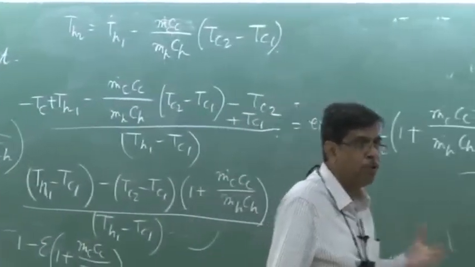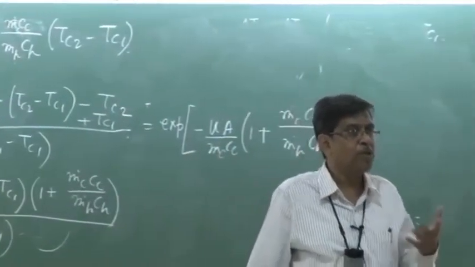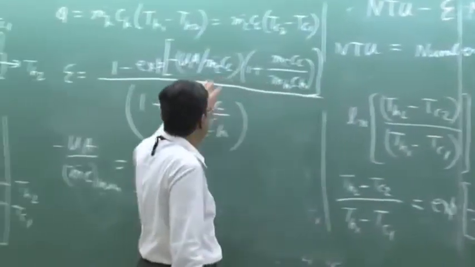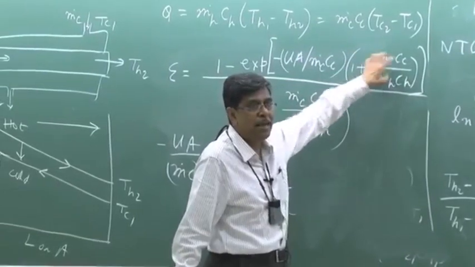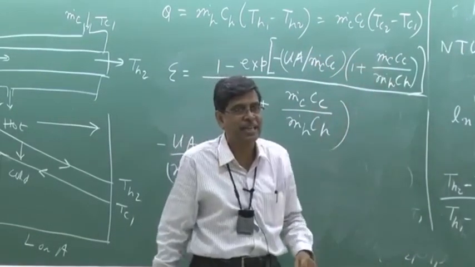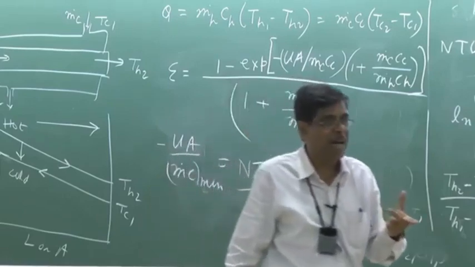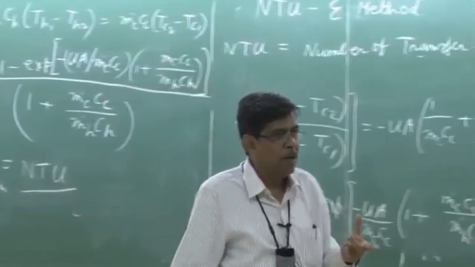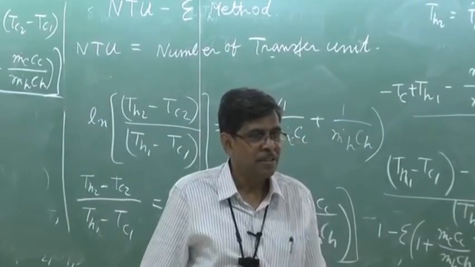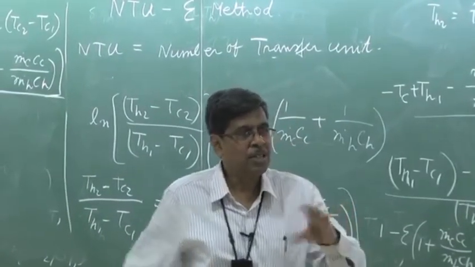Sir, if the hot fluid is the minimum fluid, what could you have done? Now, if the hot fluid is the minimum fluid, first I tell you, this expression will be the same, just m dot c and m dot h will interchange with each other, so that in a generic formula I can write in terms of m dot c minimum and m dot c maximum.